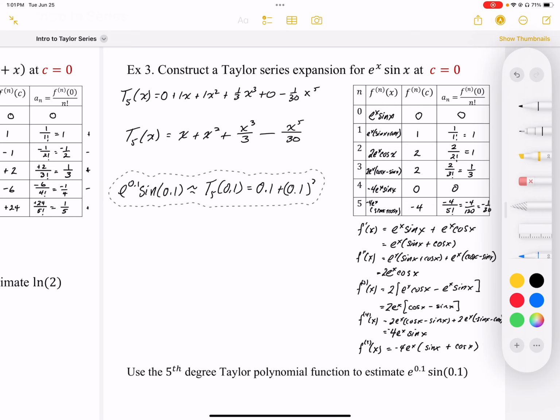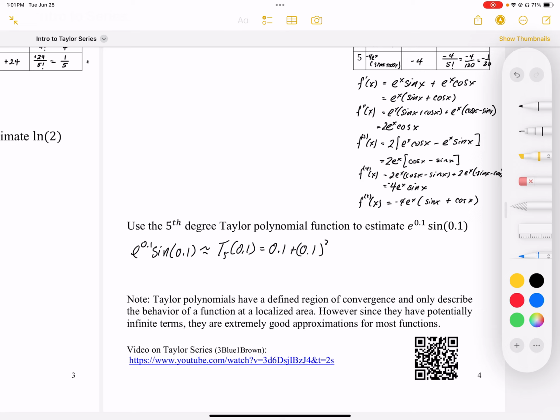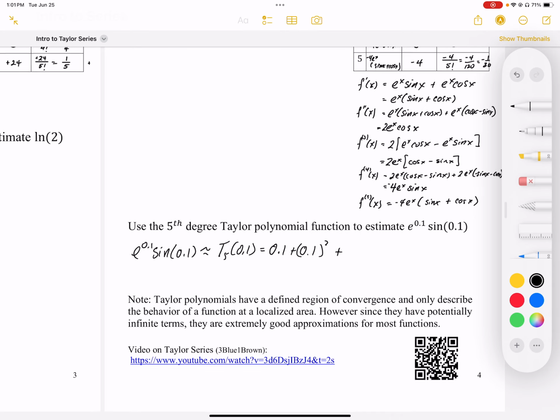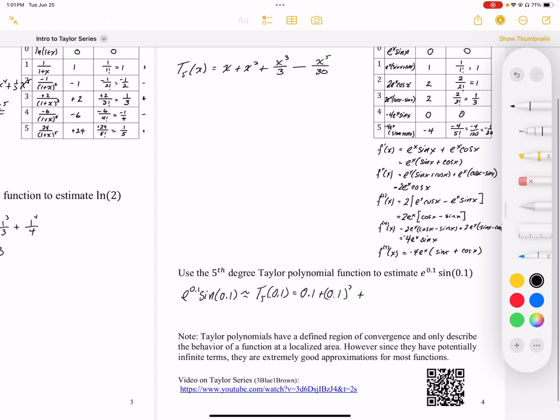When we work this out, we're going to end up with 0.1 plus 0.1 squared. Take that, put that in some space where I can work. Plus the next term of that is going to be 0.1 cubed over 3 minus 0.1 to the power of 5 over 30.